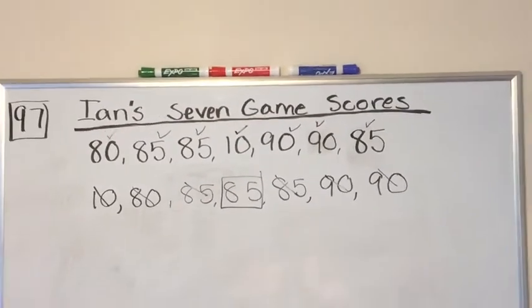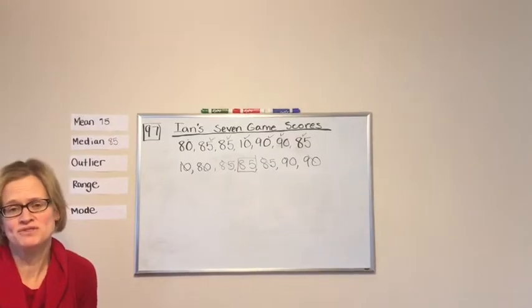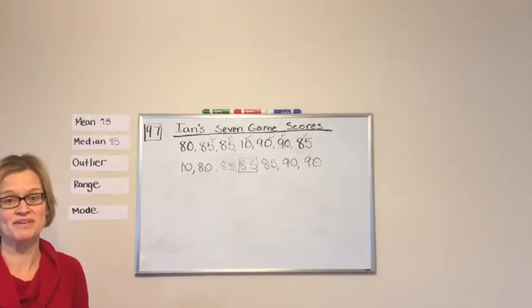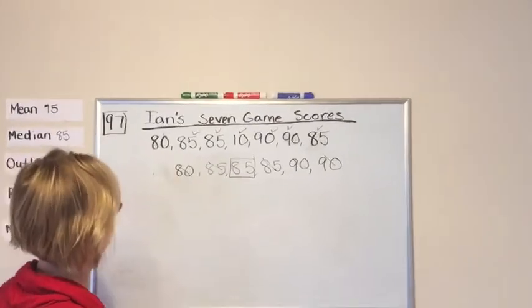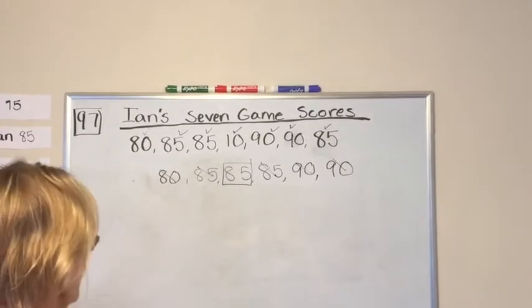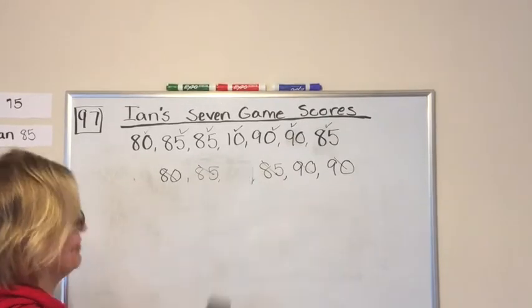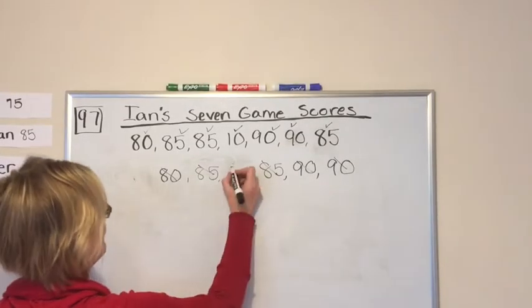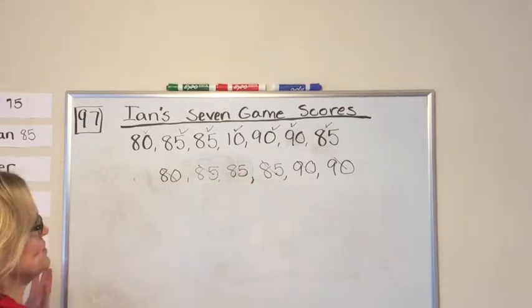Okay, now, well, that's great because we ended up having 7 numbers. But what if you don't? What if you have an even number? Then what do you do? So let's pretend that we don't have a 10, right? So we don't have the 10, and instead, we are left with 6 numbers. Well, there is no middle number. What am I supposed to do?